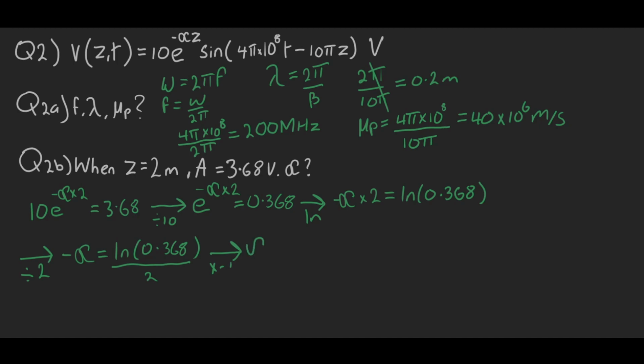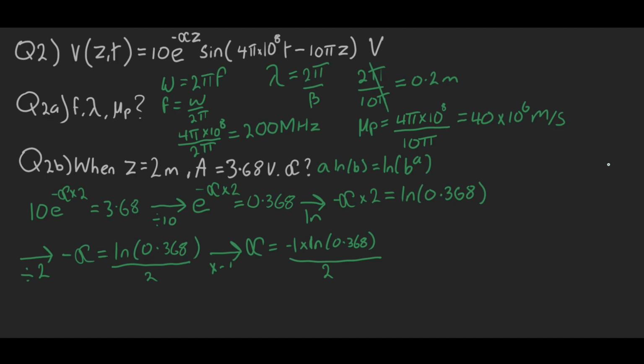So then we get alpha is equal to minus 1 times ln of 0.368 divided by 2. And if you want to be posh, you can use this little rule here. I'll write it next to the question. a times ln b is equal to ln b to the power of a.